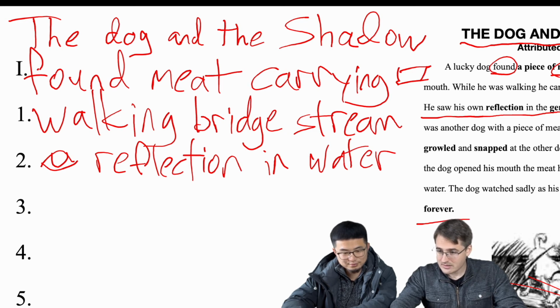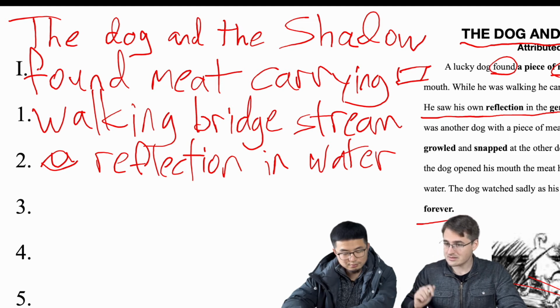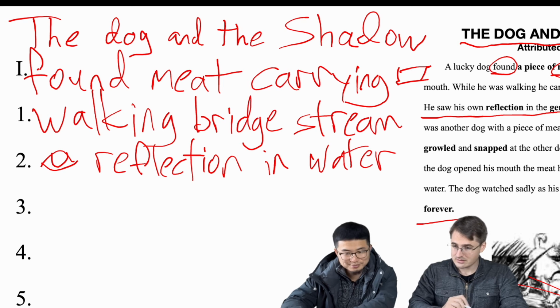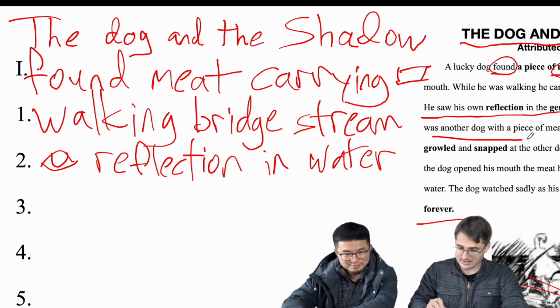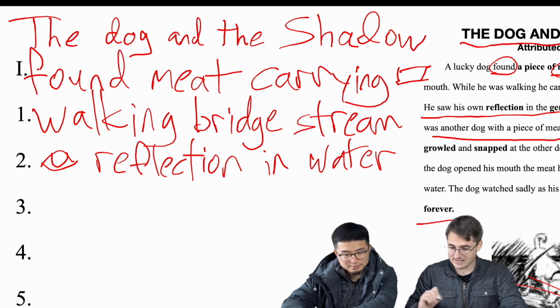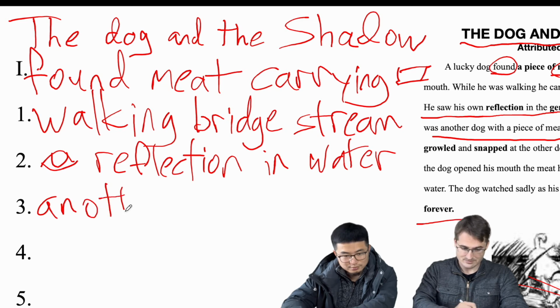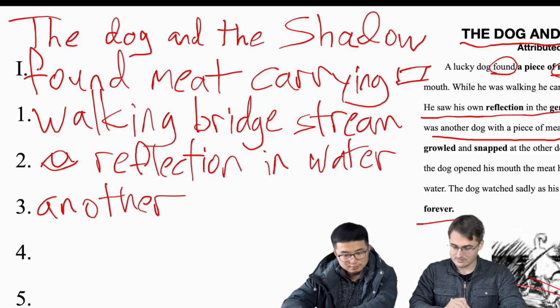Now, let's see, who do I see next? I'm going to ask Daniel to call on someone here. Joseph. Okay, next sentence is, he thought it was another dog with a piece of meat twice as big as his own. Another. I'll draw meat.